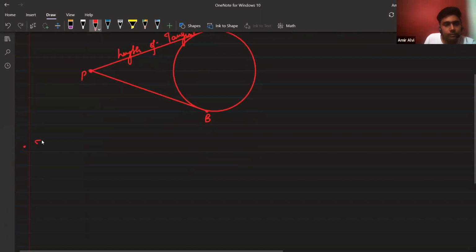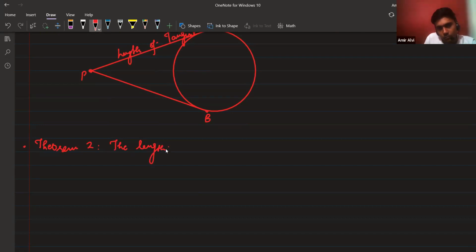The length of tangents drawn from an external point.